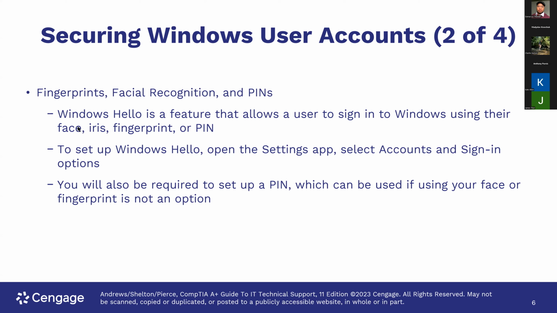Here we have fingerprints, facial recognition, and PINs. I was recently on the phone talking about an account that I'm trying to set up, and they said, "Would you like to have your voice recorded so that it can be used to authenticate yourself when you're talking?" And it was a layer of security. I was just like, sure.